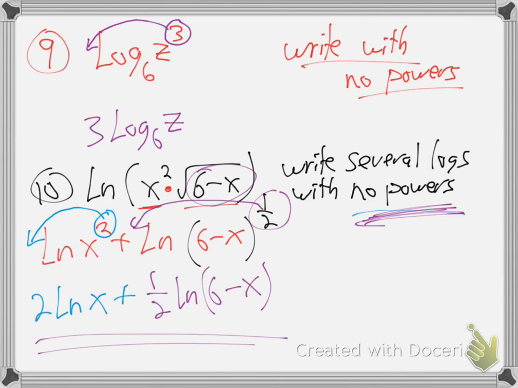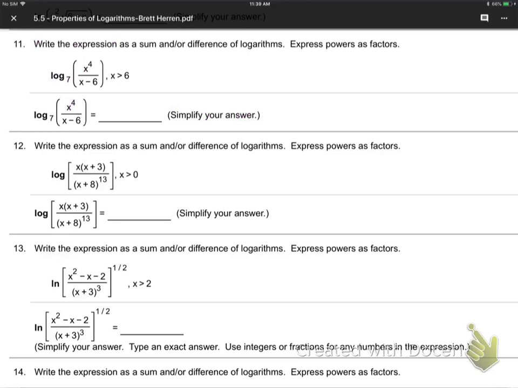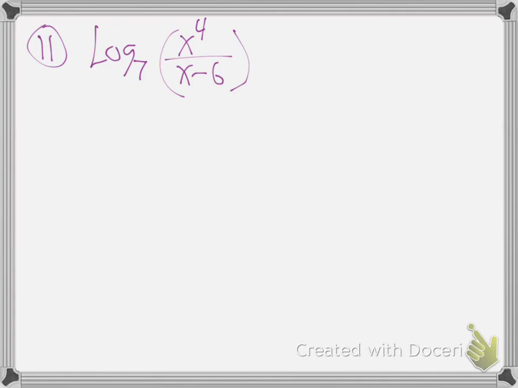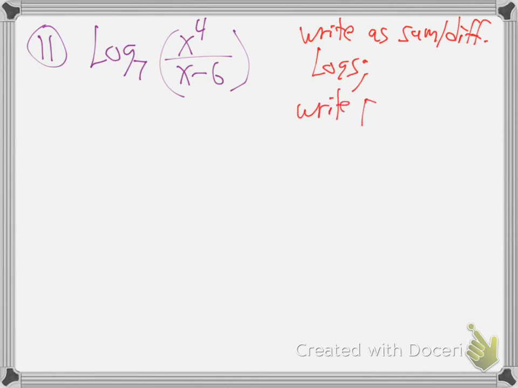All right. And same thing, they're going to say sum or difference. The way they say it is, write as a sum or difference of logs, write powers as factors.